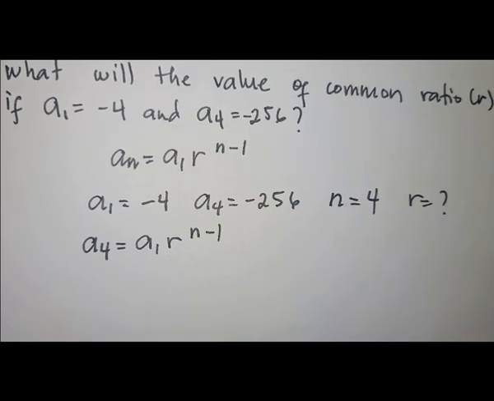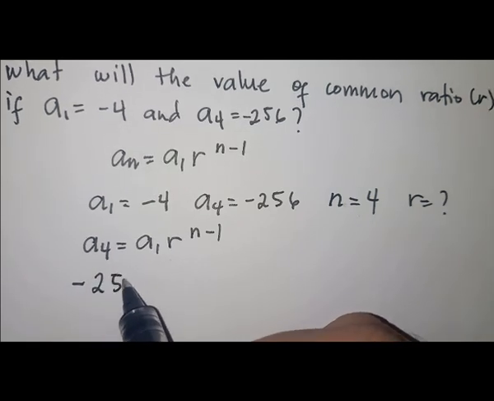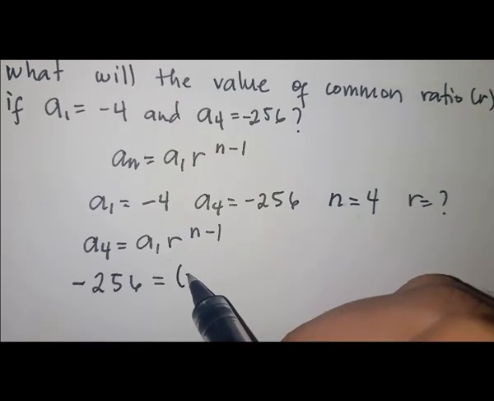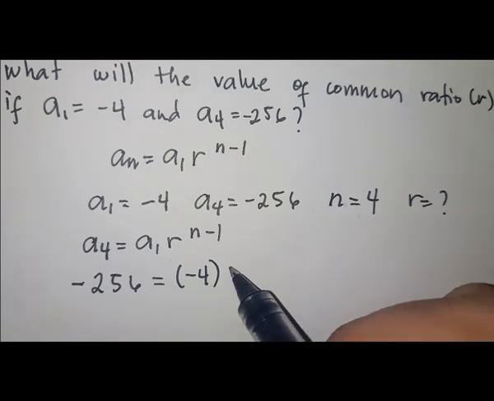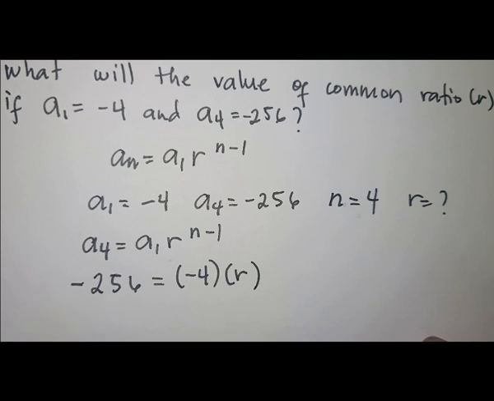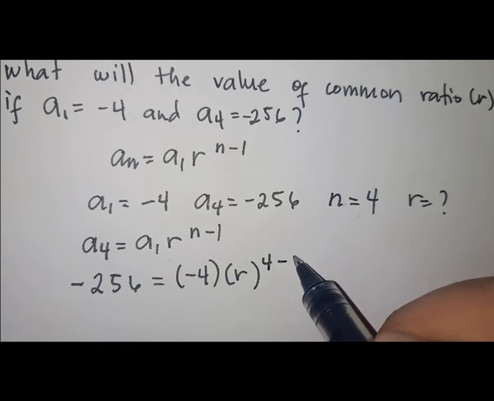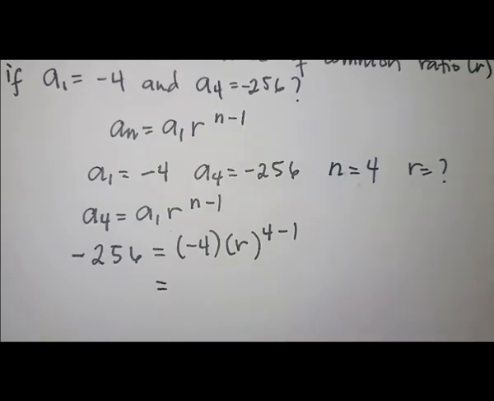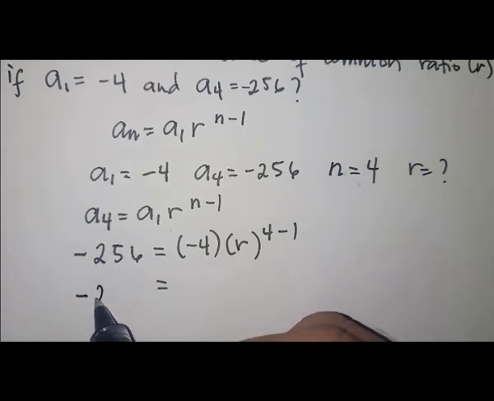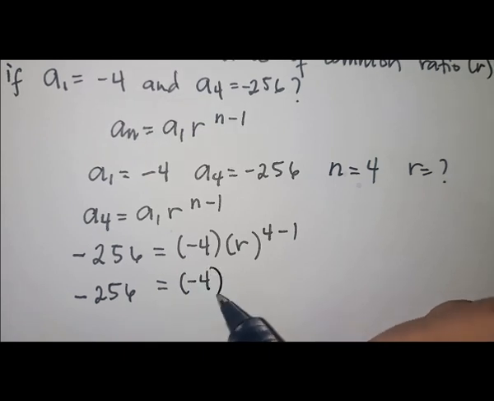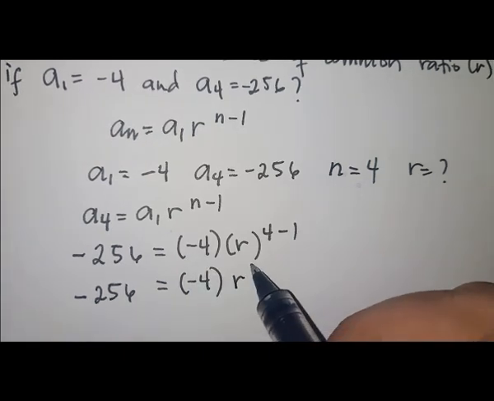Na ang value ng a sub 4 natin or ng last term ay negative 256 equals ang a sub 1 natin ay negative 4, unknown yung r, raised to n which is 4 minus 1. So 4 minus 1 magbibigay ng 3. So we have negative 256 equals negative 4 r cubed.